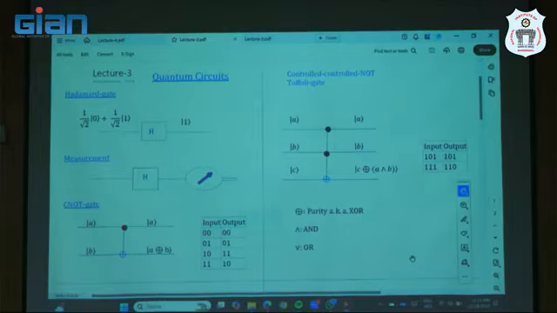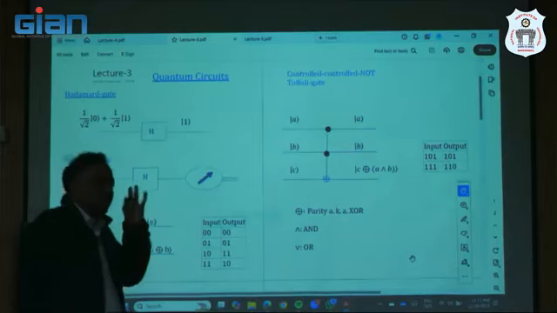What do the 2 lines indicate? The 2 lines indicate that once you have done the measurement, the outcome is a classical outcome. Double lines in a circuit means it's a classical value.